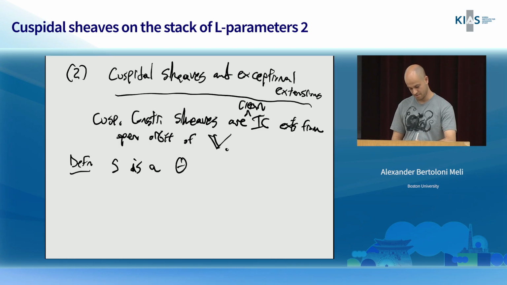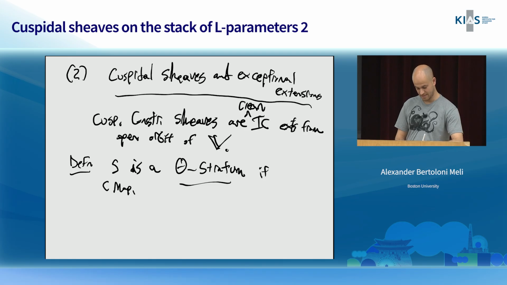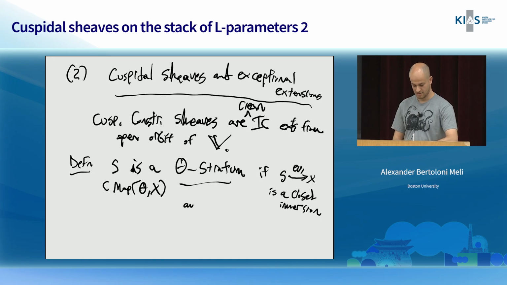S living inside the mapping stack from theta to X is a theta stratum if this evaluation map is a closed immersion, and S is a union of connected components.